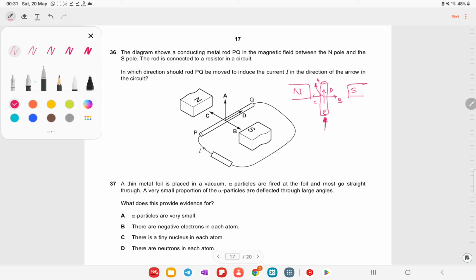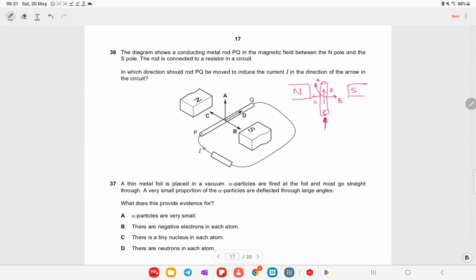Let me change the color. If you use Fleming's left hand rule, the thumb is going to represent father, the magnetic field lines are going to be your mother, which is your index finger, and the current is the child, your middle finger.